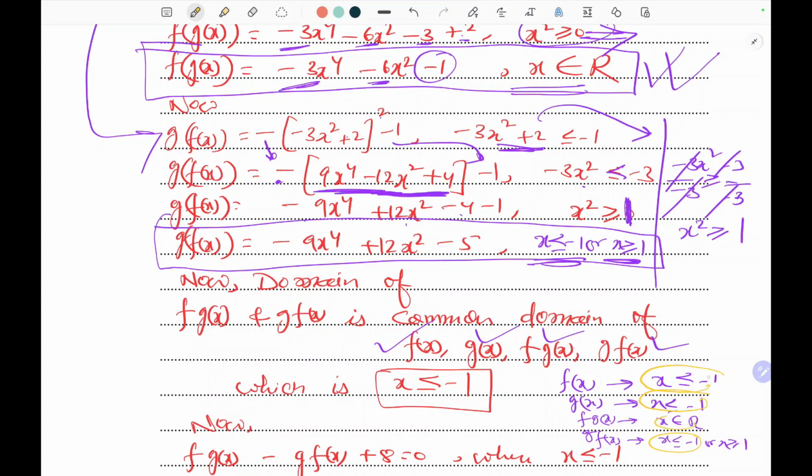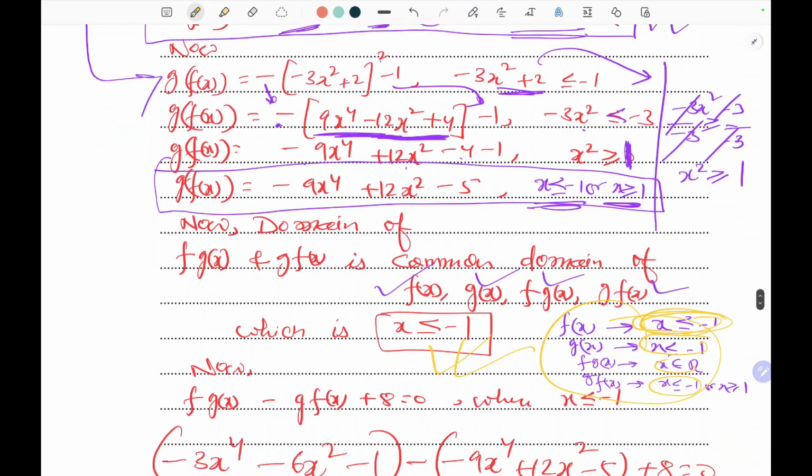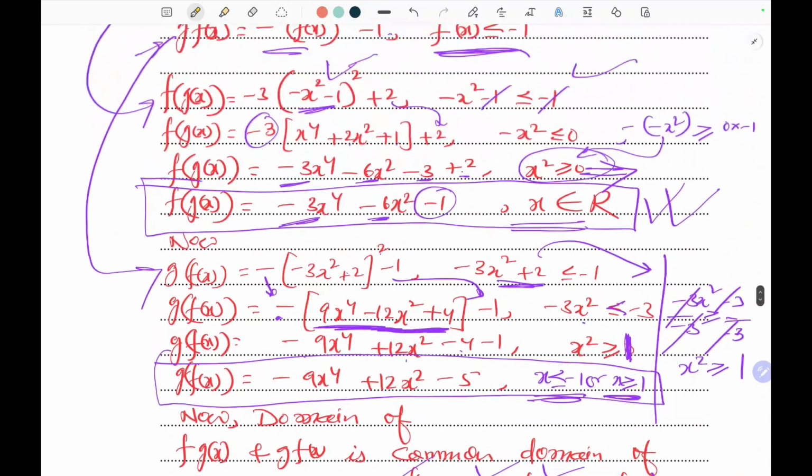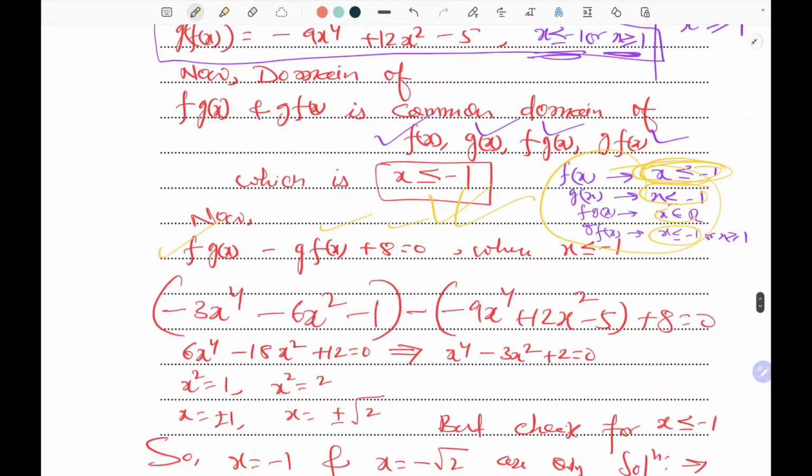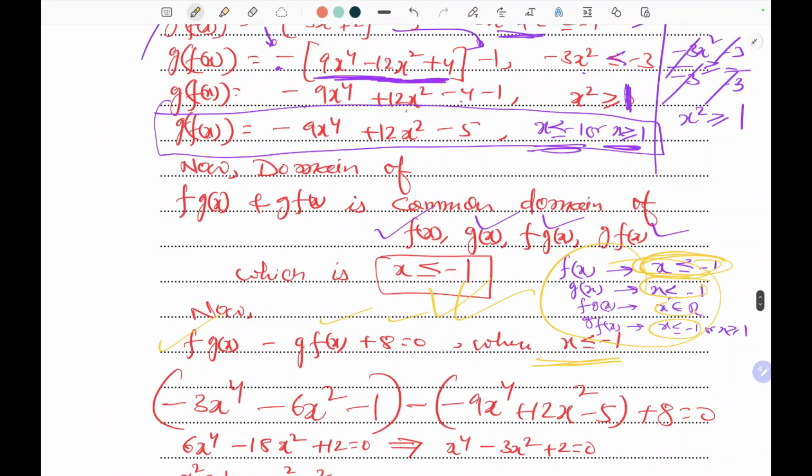So only this part, when x is less than minus 1, is the common x value which is satisfying all these four domains. So the domain of this whole f of g(x) minus g of f(x) plus 8, this 8 is given from here. So f of g(x) minus g of f(x) plus 8, where x is less than or equal to minus 1.